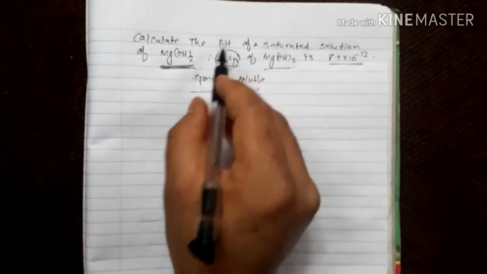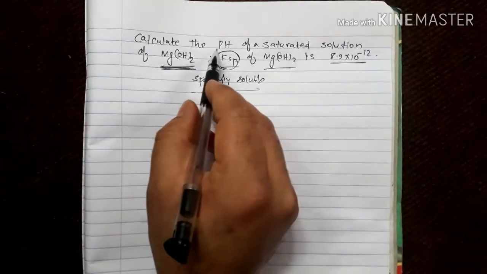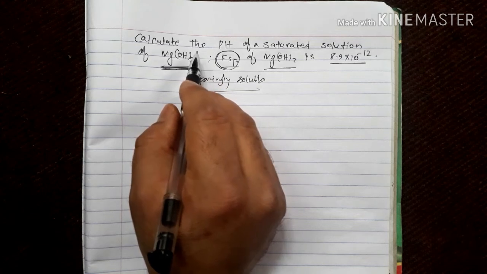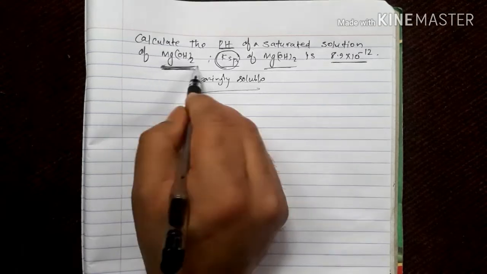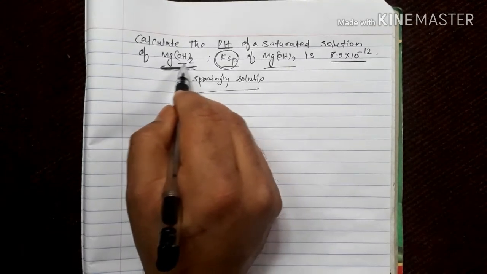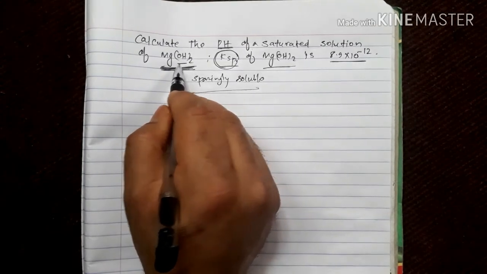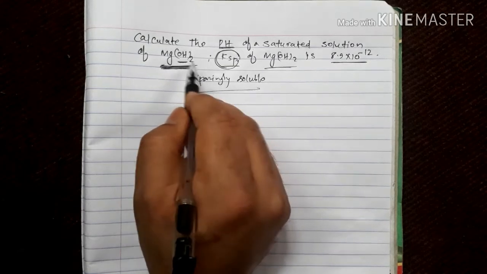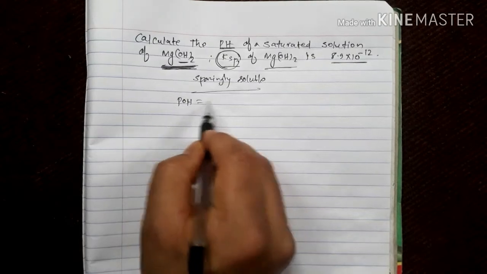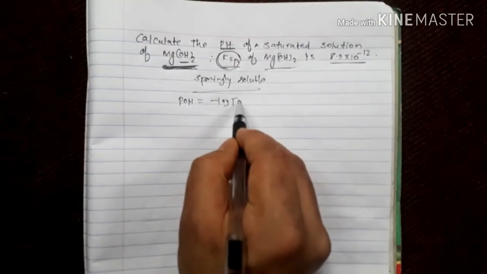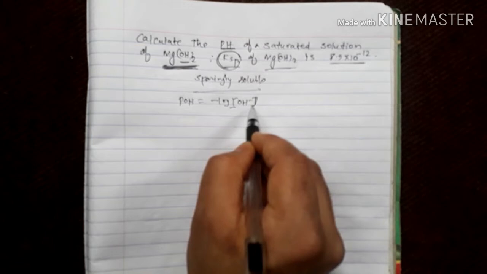To find the pH, you have to know the hydroxide ion concentration in moles per liter. Since it is a base, it will give OH minus, and from the OH minus we can find pOH.